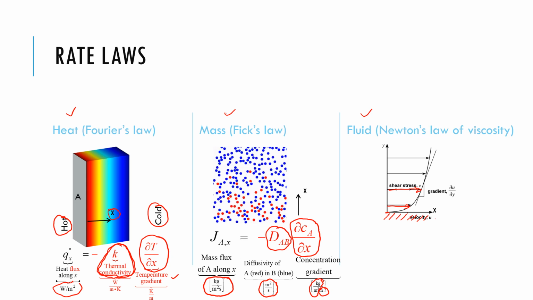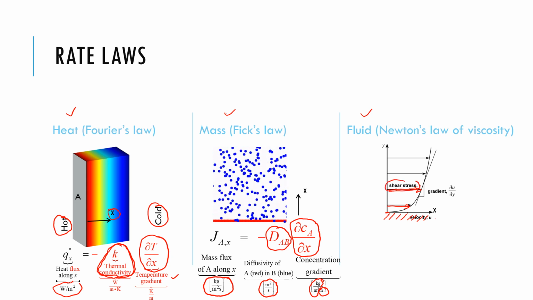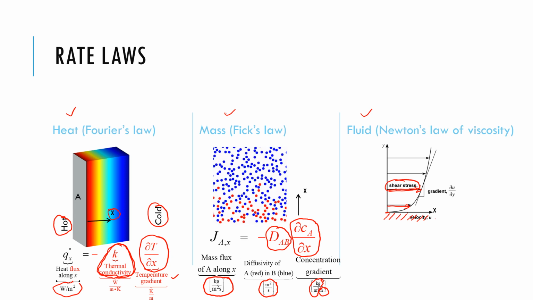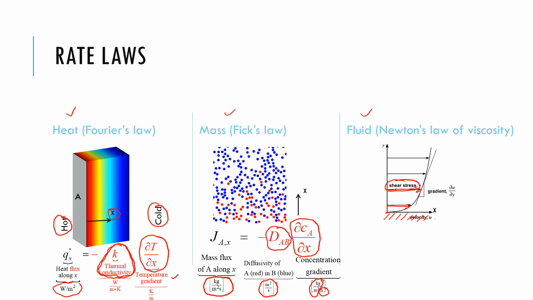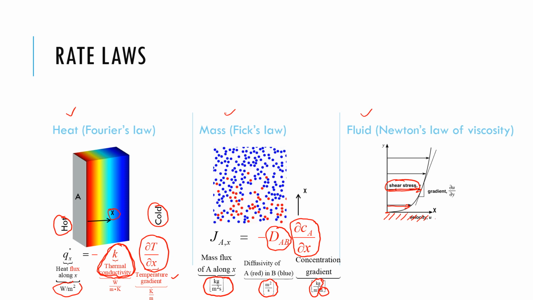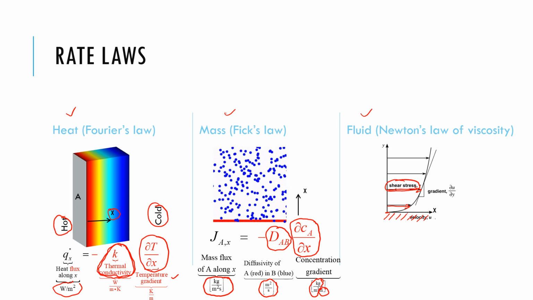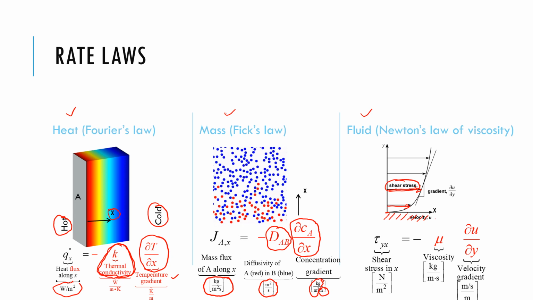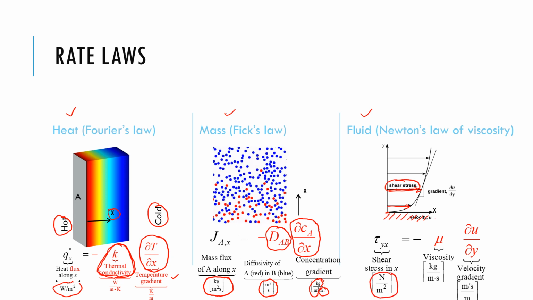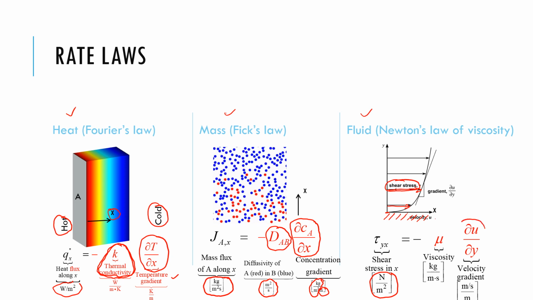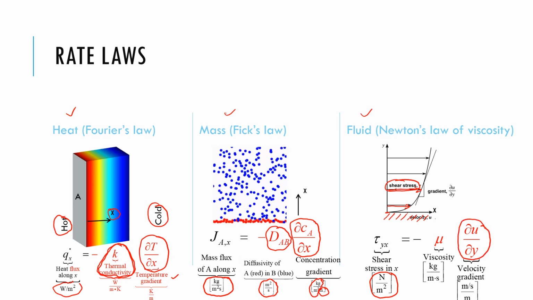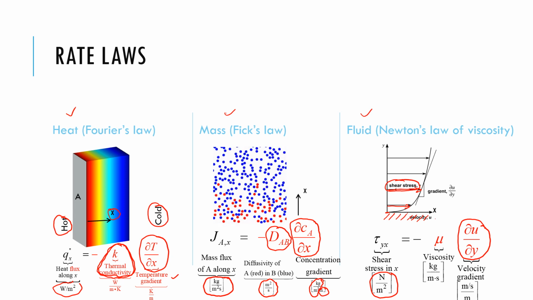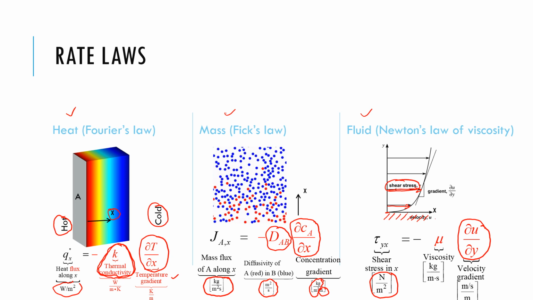So the shear stress that a layer feels as it tries to flow over the layer below, given in Newton per meter square, is proportional to the velocity gradient. The higher the velocity gradient, the more the shear stress.